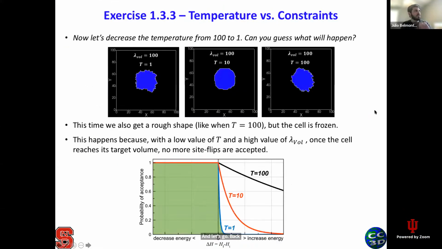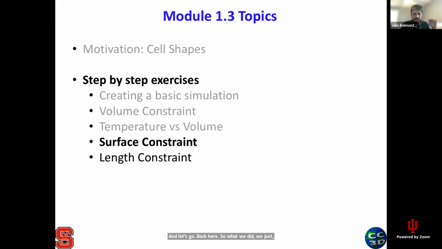So what we did, we just finished the exercise with the volume with respect to the temperature. Now it's time for us to explore the other constraints. And of course, all those constraints have the same relation with respect to the temperature, or the noise level. And now let's look at the surface and length constraint very quickly, okay?